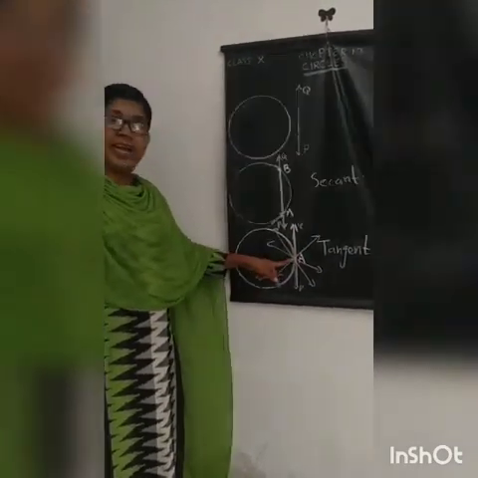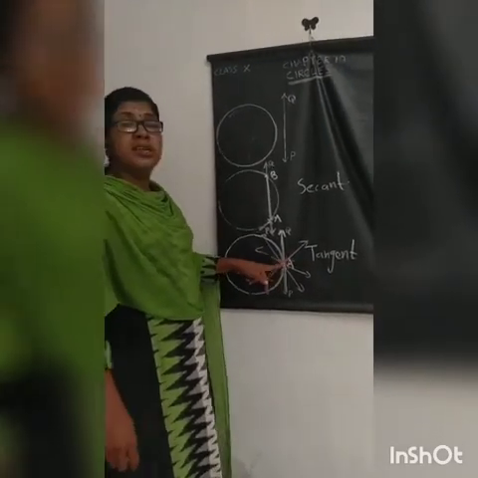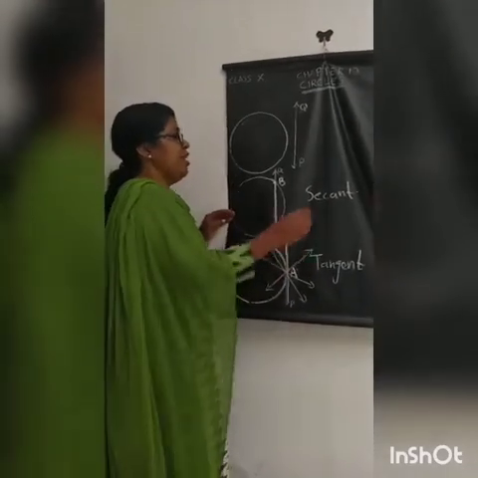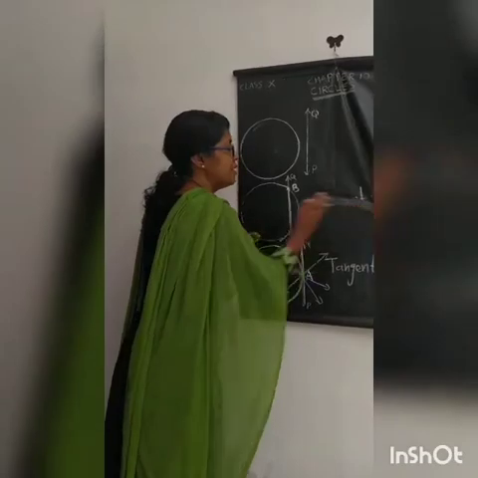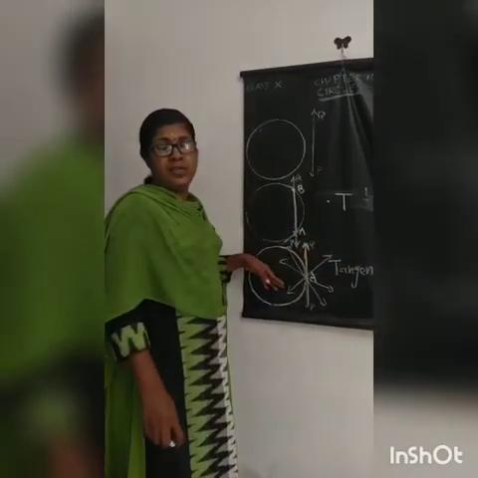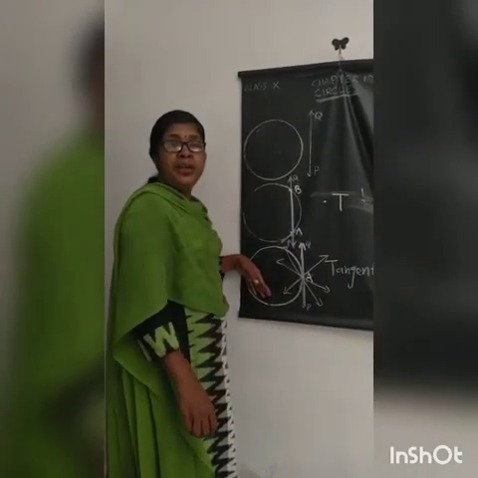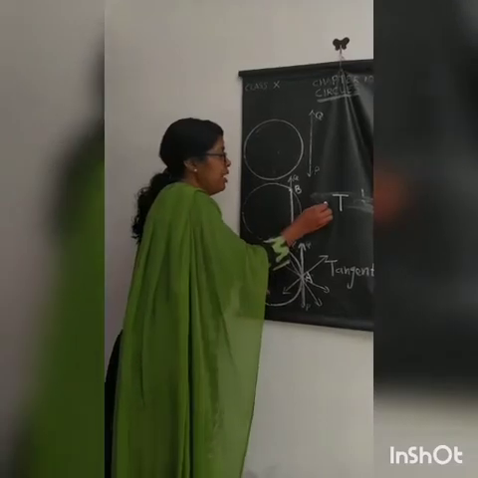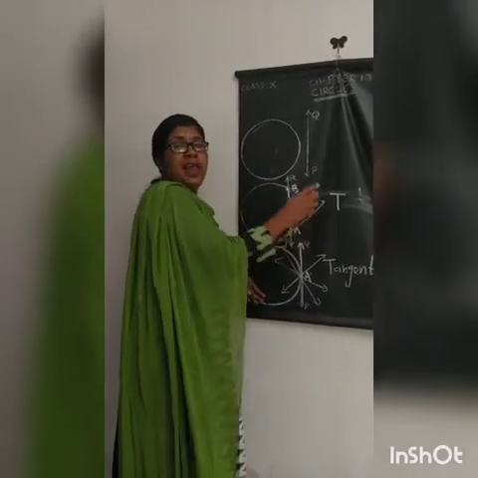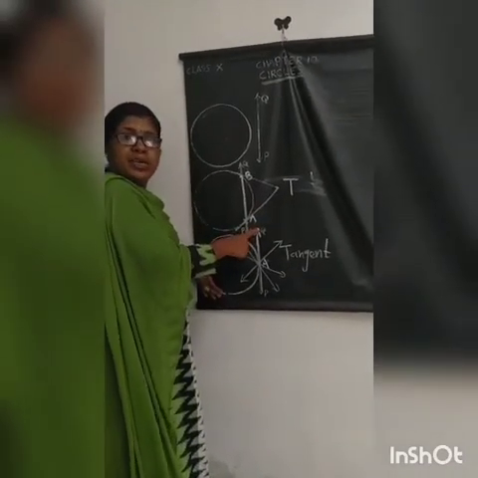So from this we can identify that if a point is lying on the circle, there is one and only one tangent. If the point is lying outside the circle, for example, T is a point lying outside the circle, from T how many tangents? From T, we can draw 2 tangents. If a point is lying outside the circle, then we can draw 2 tangents.